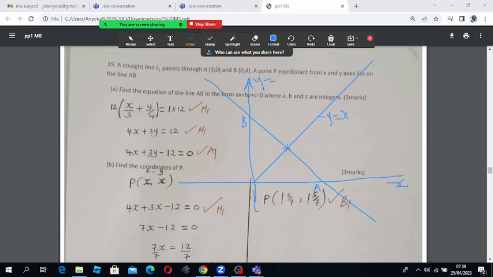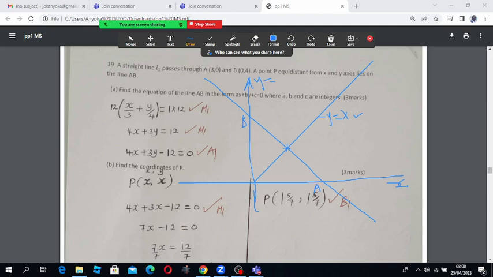A line that passes through the points 1,1, 2,2, 3,3, 4,4, 10,10 as you proceed. So that line will be y equals x, where the value of x is equal to the value of y.